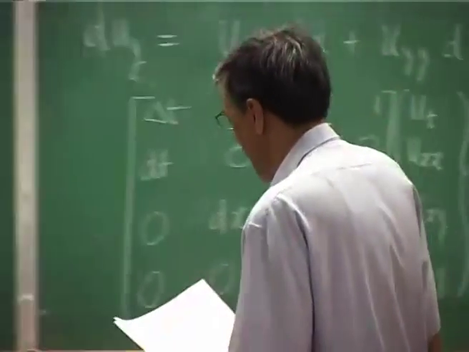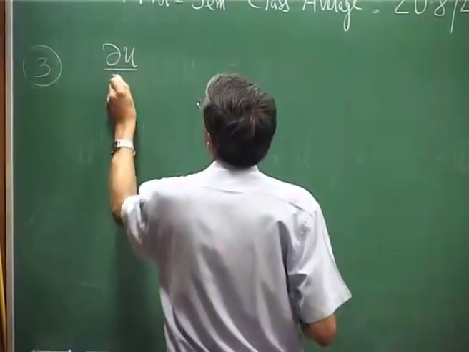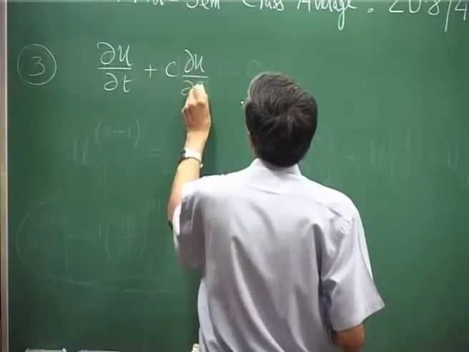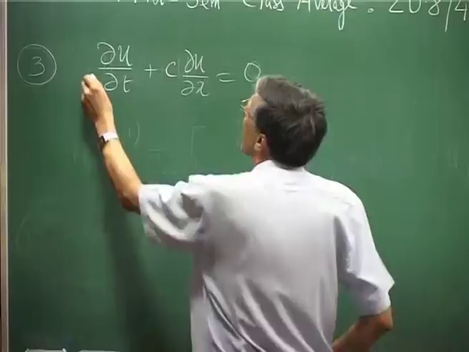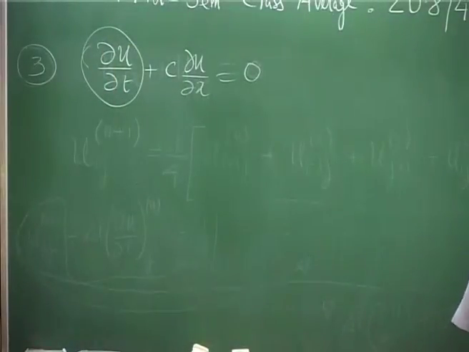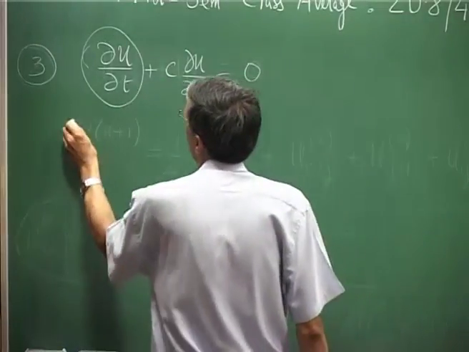So, for example, I will just show you one of them. First thing is, I told you that the time derivative is exact. So, there was no need to tamper with it. There is no need for you to say I have taken forward in time, etc. We are making the assumption that this is okay.